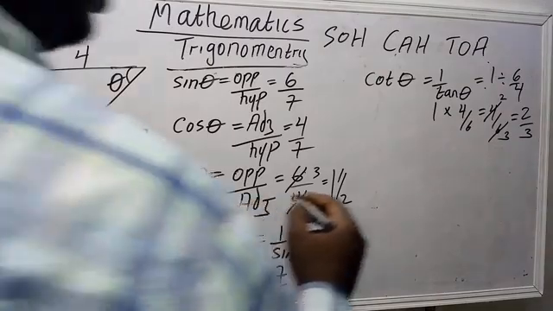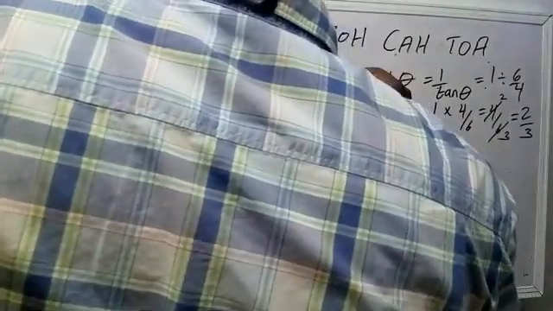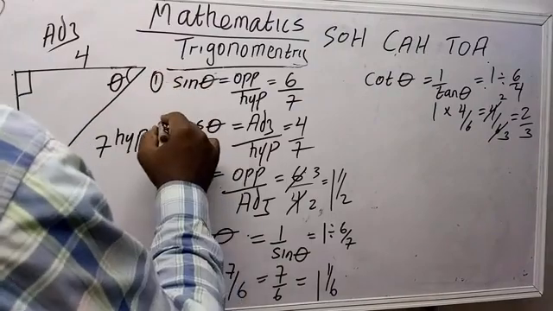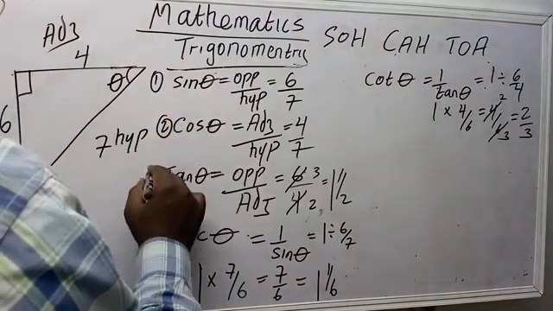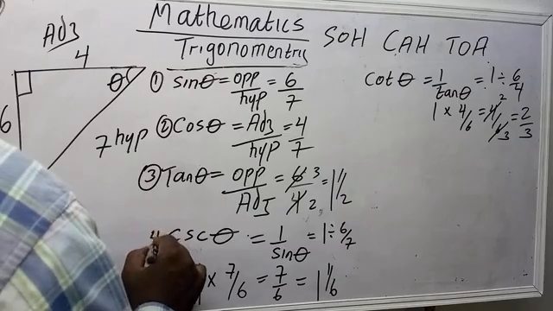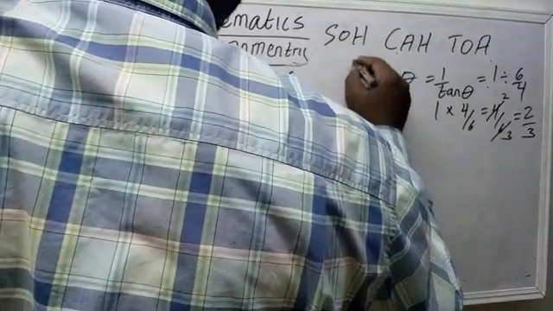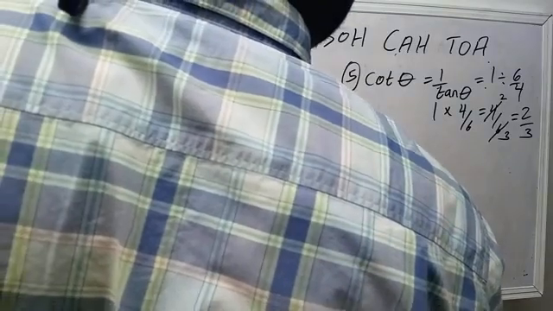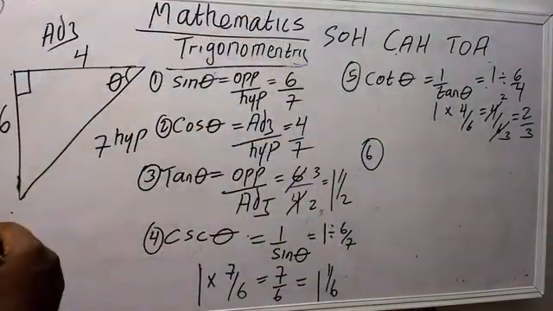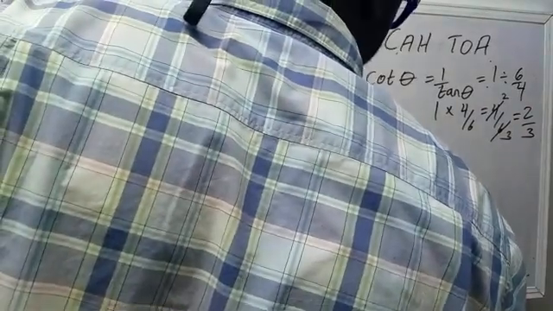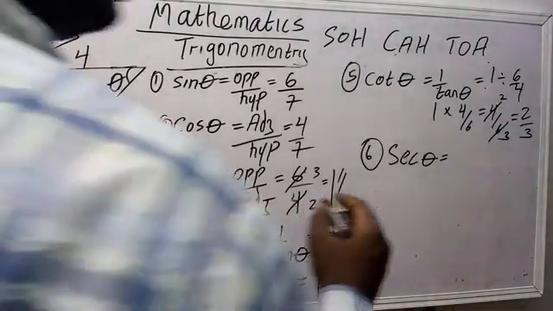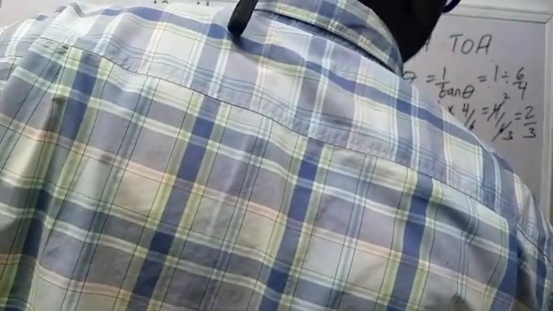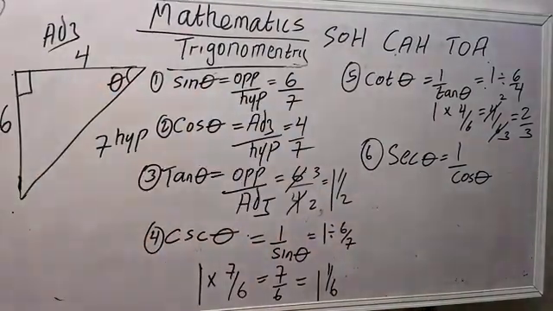We have number 5. This is number 1, number 2, number 3, number 4, 5, and 6. Sec theta means 1 over cos theta. Cos theta means adjacent over hypotenuse.